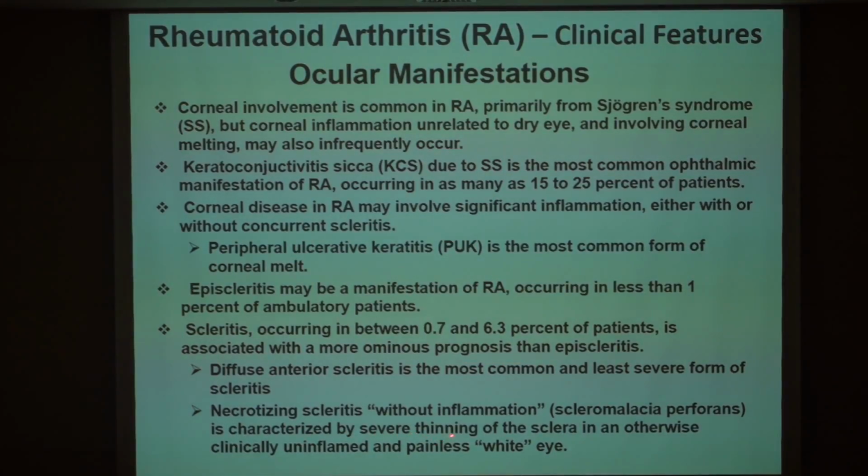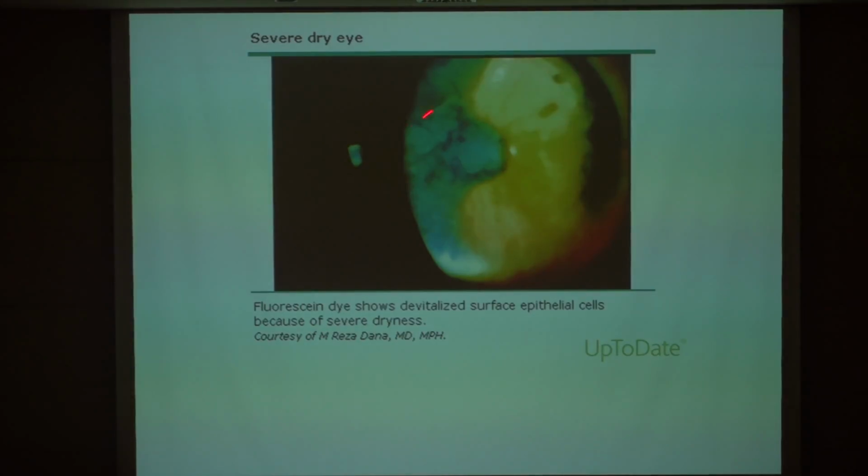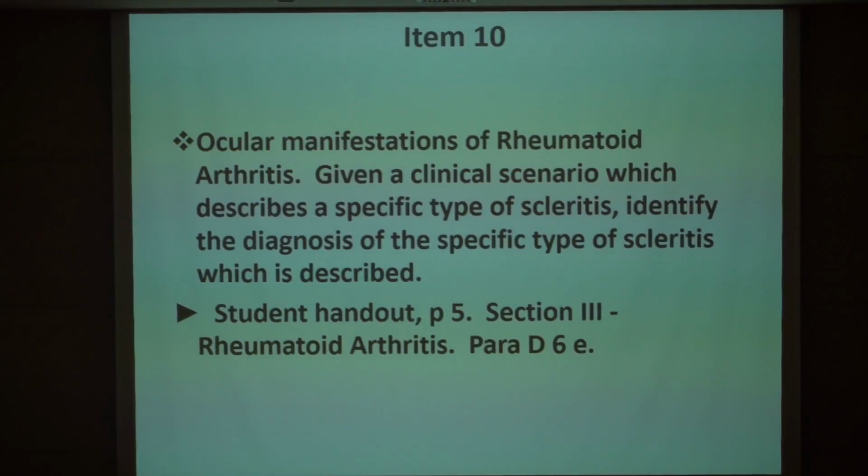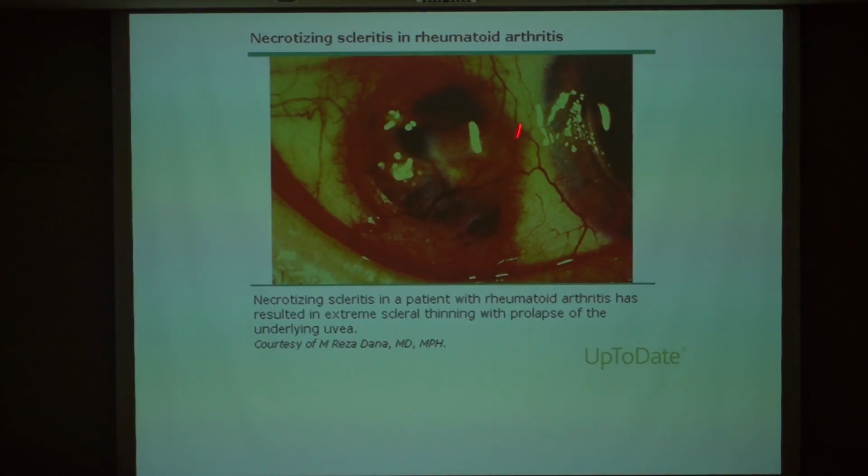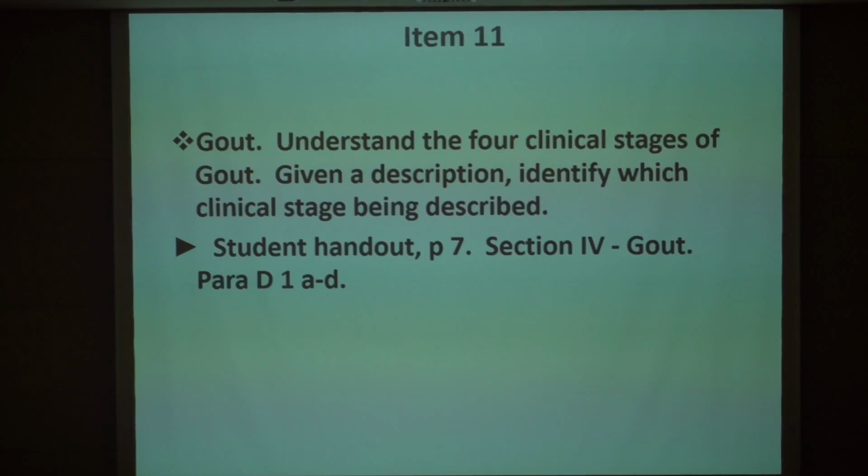It's characterized by a severely thinned sclera and an otherwise normal, clinically uninflamed and painless white eye. Once again, keratoconjunctivitis sicca: if you stain the eye, you'll see the devitalized surface cells. And with necrotizing scleritis in rheumatoid arthritis, this is the way that lesion looks.